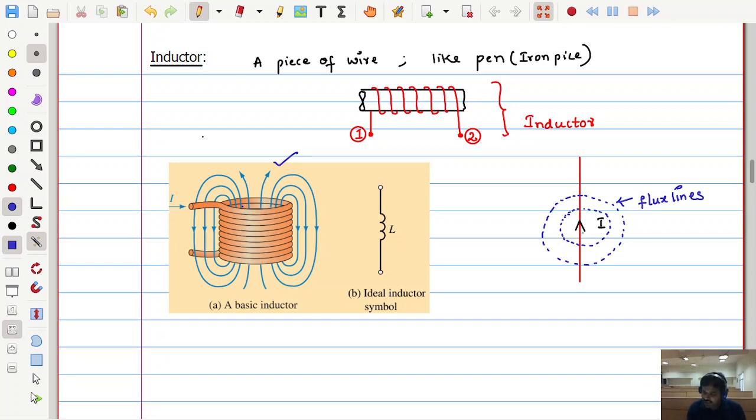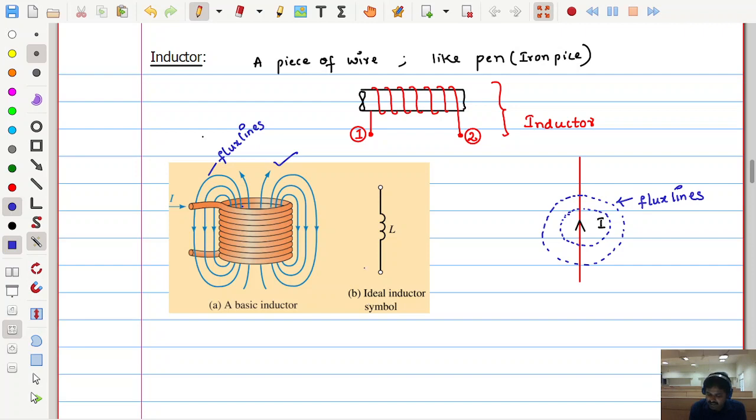Now when this conductor is made into coil form, flux lines are still there, but it will not be like a straight conductor. It will be like this, the blue color. These are the flux lines. Now we can basically call this an inductor. When a conductor is made into coil form, it forms the inductor.